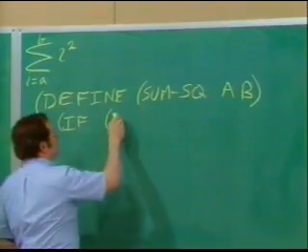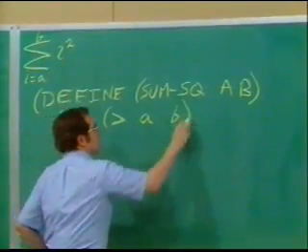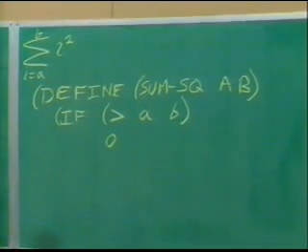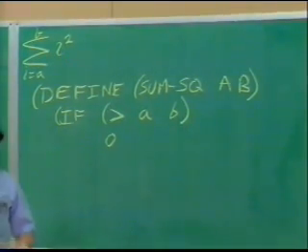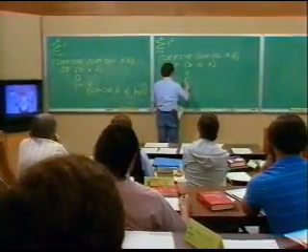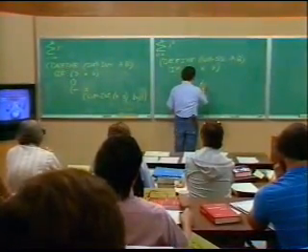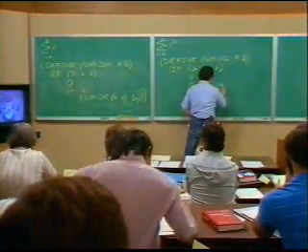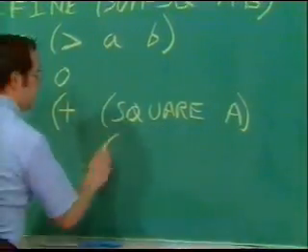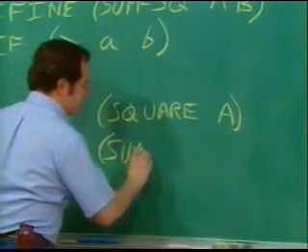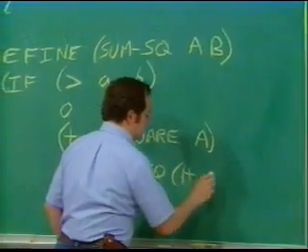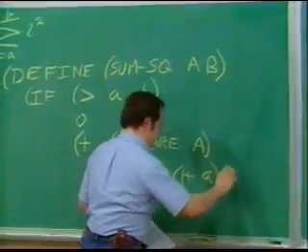If A is greater than B, then the answer is 0. And of course, we're beginning to see that there's something wrong with me writing this down again. Okay? It's the same program. It's the sum of the square of A and the sum of the squares of the increment of A and B.